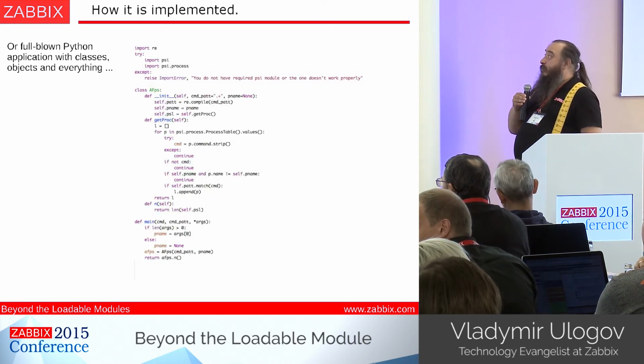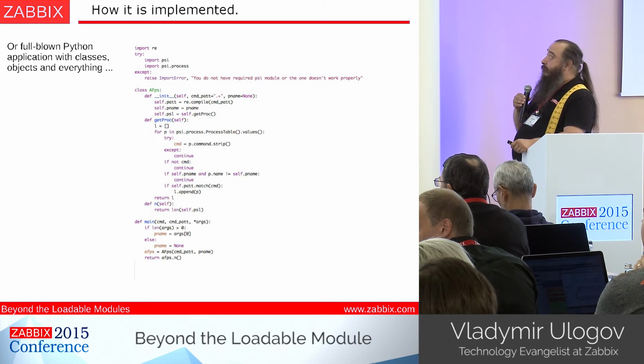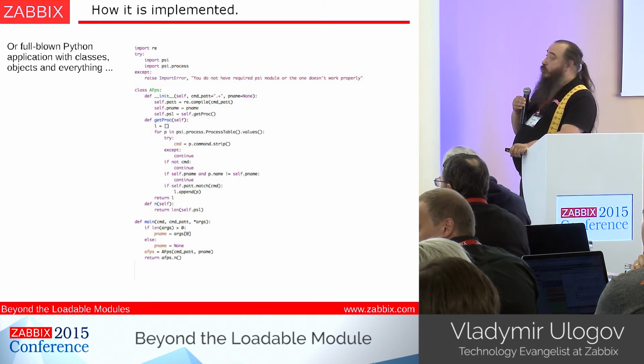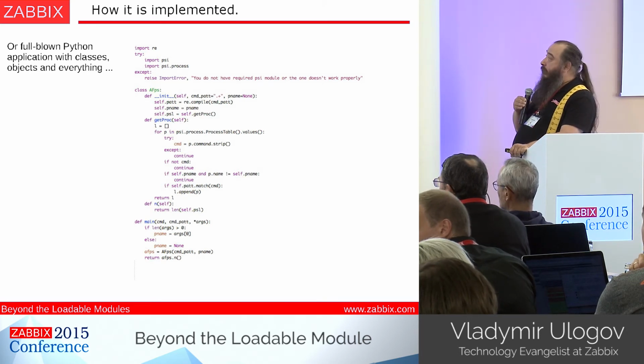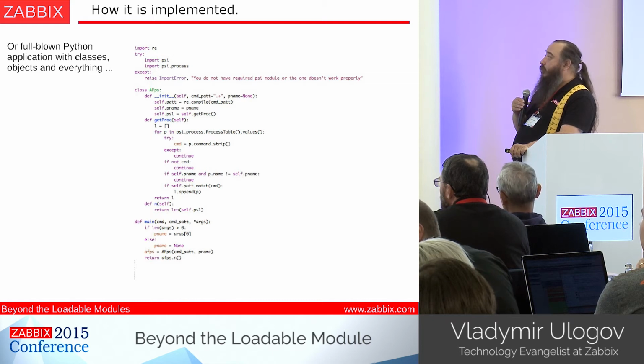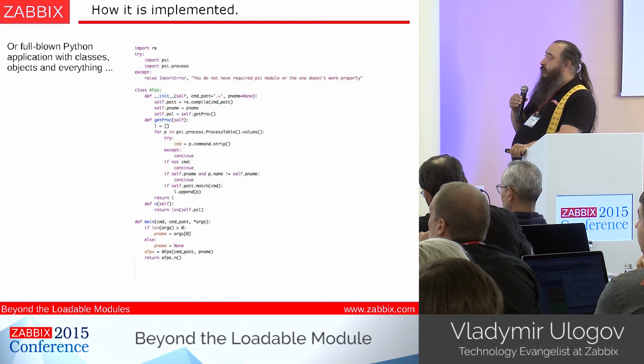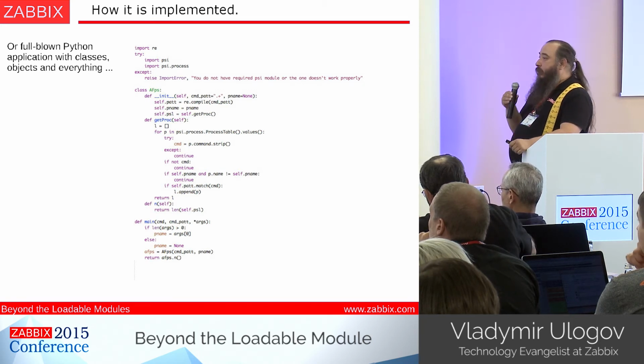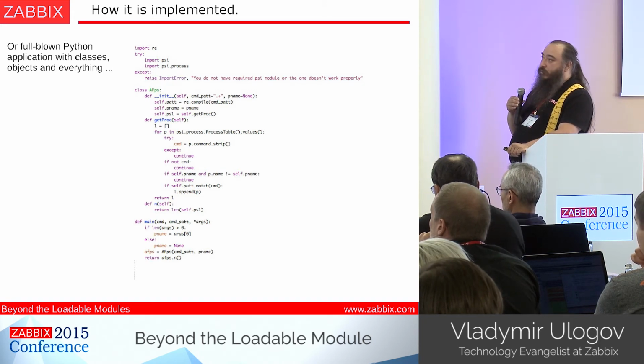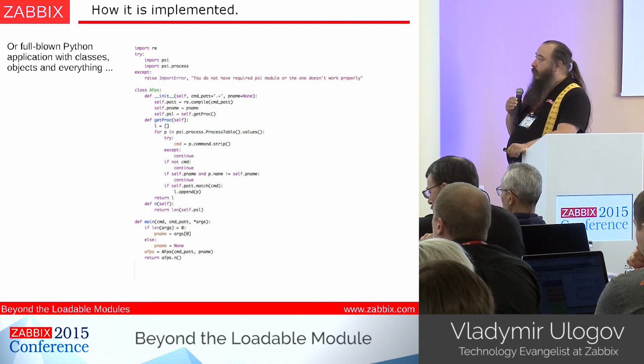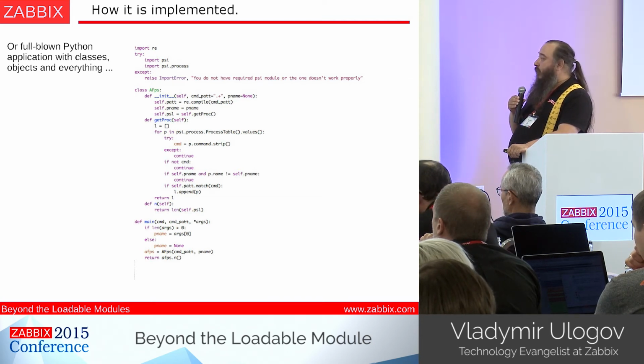But your metric collection could be not as trivial as the previous one. For example, this shows that you can use whatever capabilities Python offers to you. You can create your code using Python classes, inheritance, pretty much whatever you like.